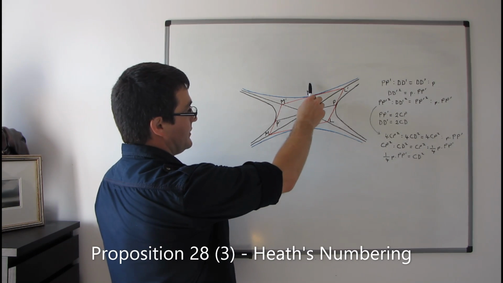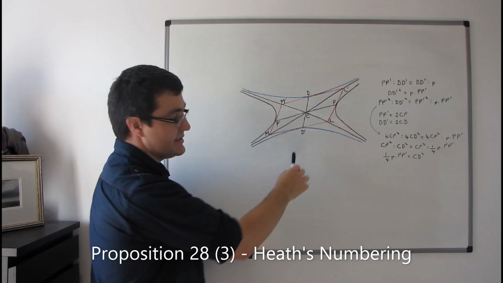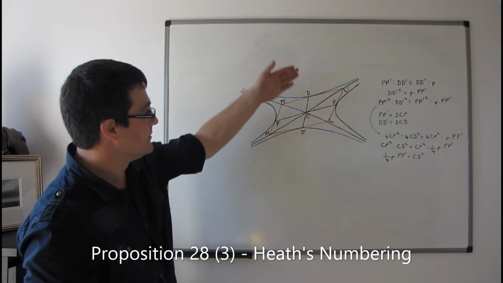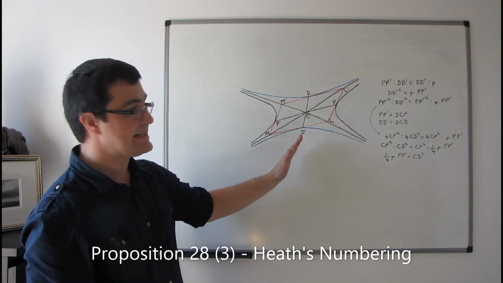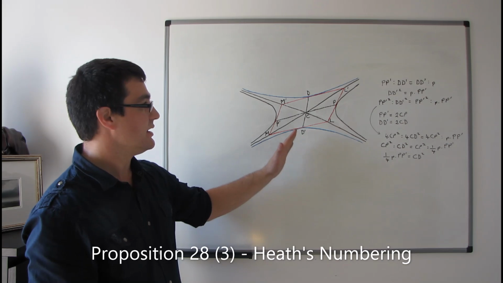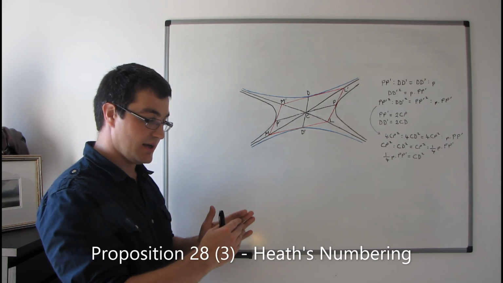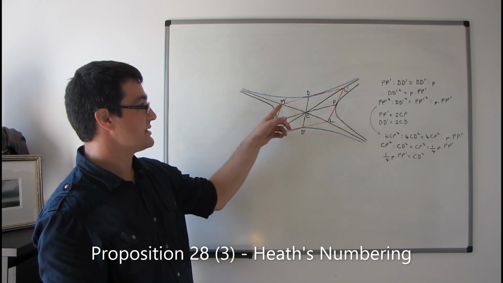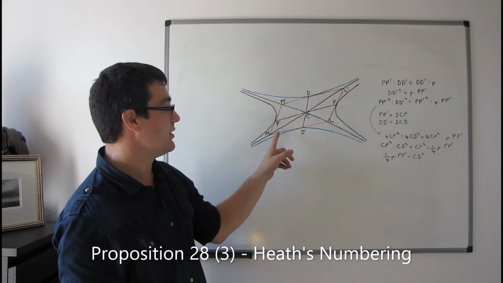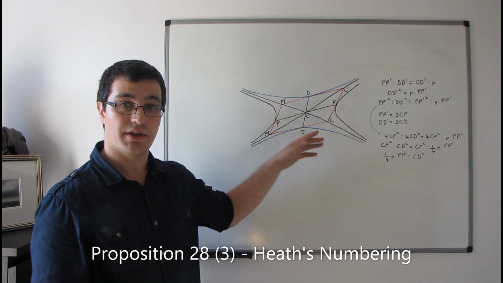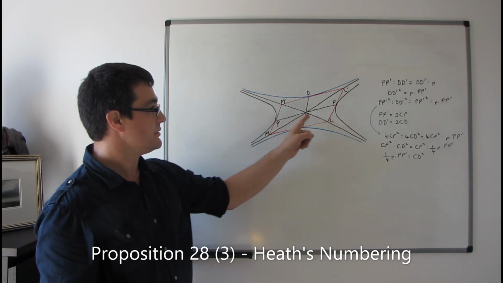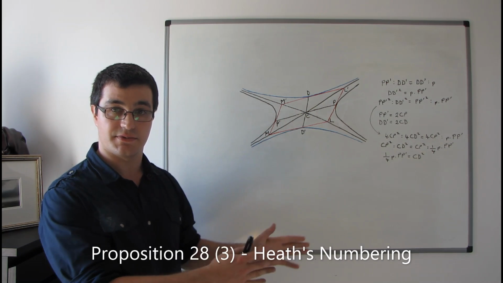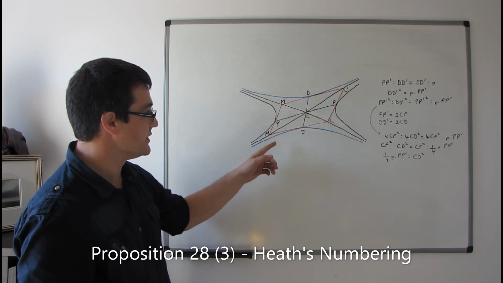And with regards to this DD primed, the chords which DD primed bisects are the chords that are parallel to the tangent line at either D or D primed, but they're also parallel to the transverse diameter. So this is something that I went through, I think, in the second video.